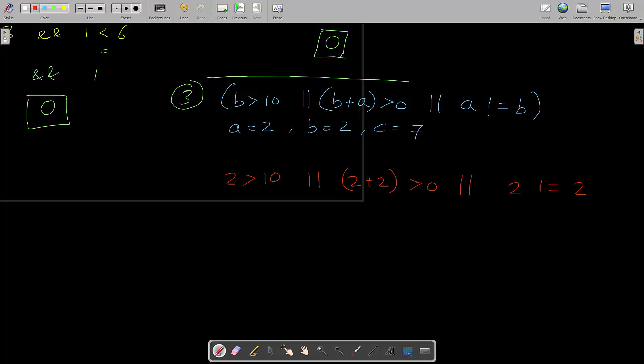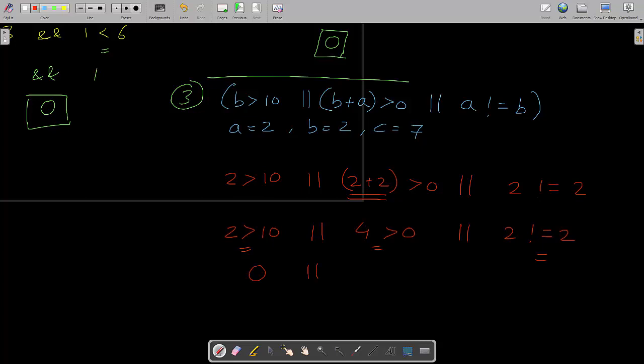So we have to first look at the precedence, and the parenthesis has the highest precedence, so I can write 2 greater than 10, or this will become 4 greater than 0 or 2 not equal to 2. Now amongst these, if you recall, these have the higher priority, so I will execute these first. So 2 greater than 10, no, so it is false.